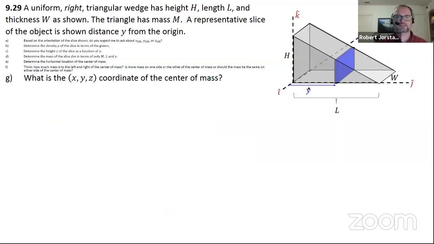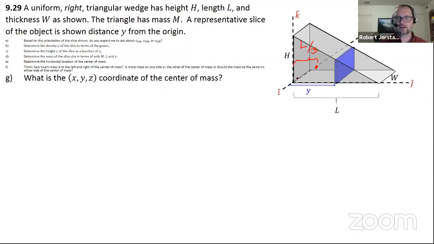We want to get the x, y, z coordinates of the center of mass. We've already figured out the y coordinate is somewhere right around in here, 1/3 of the way. So again, this is L over 3. Now, how do I get the other ones? Well, we know for a right triangle it's 1/3 of the way from the fat end.